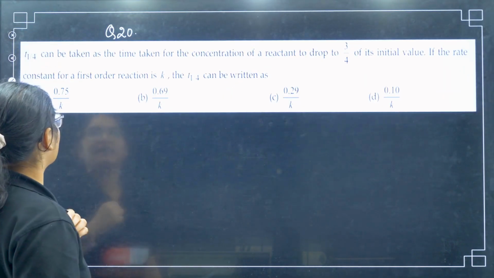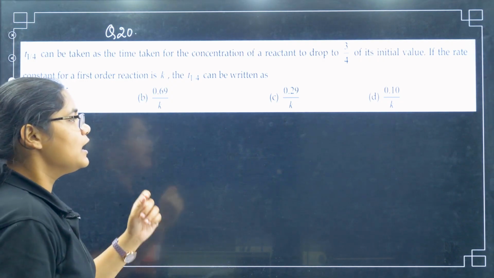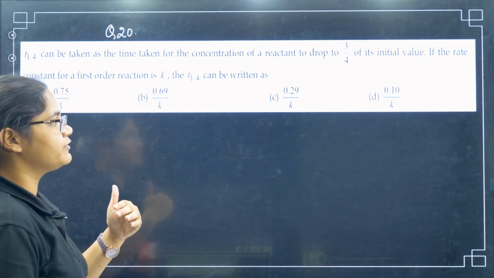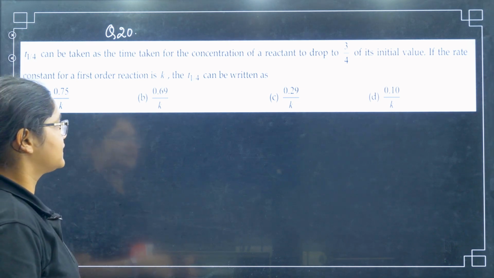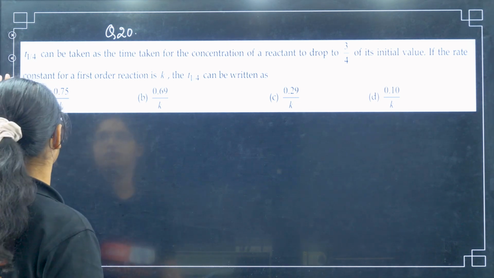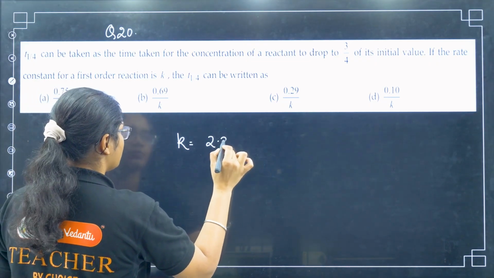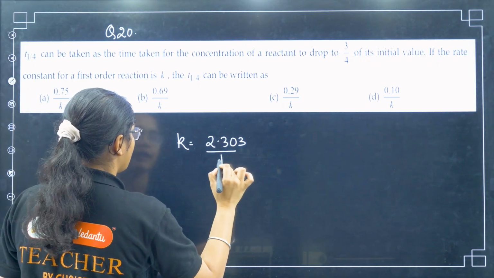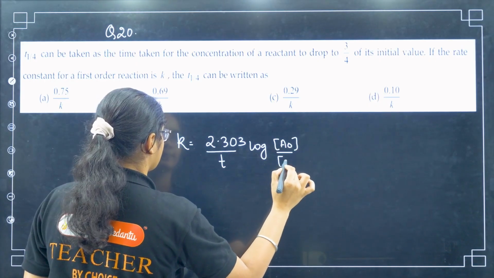Next, T1/4 can be taken as the time taken for the concentration of a reactant to drop to 3/4 of its initial value. If the rate constant for the first order reaction is K, then what is T1/4? So we have this formula, K equal to 2.303 by T log of A naught by A, right?